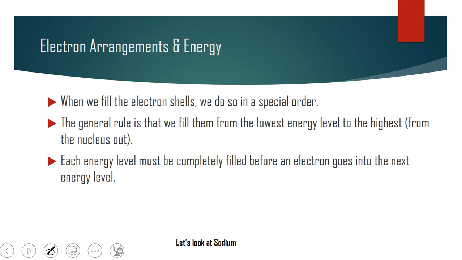If you remember, when we go to 20, we do 4, 8, 8, 2, which you may be thinking, hang on a second, if the third shell can hold 18, why do we put 2 in the fourth before we go beyond 8? Our valence shell can't hold more than 8. So if our third shell is our valence shell, it can't hold more than 8. In this case, once we put 2 into our fourth shell, we come back and fill the third, and we'll talk about that a little bit more.